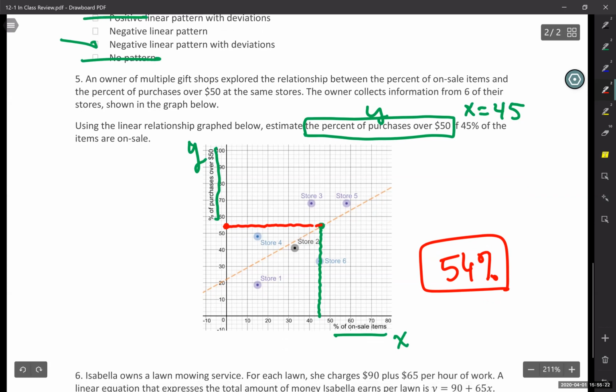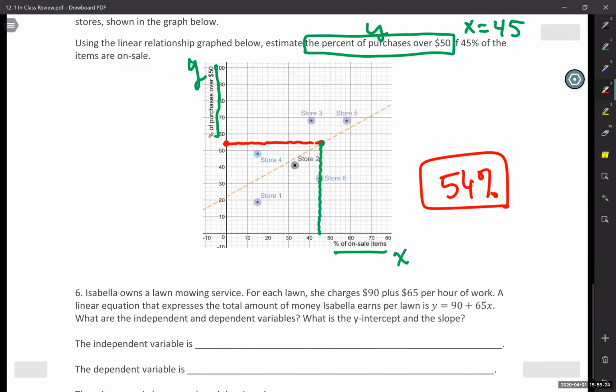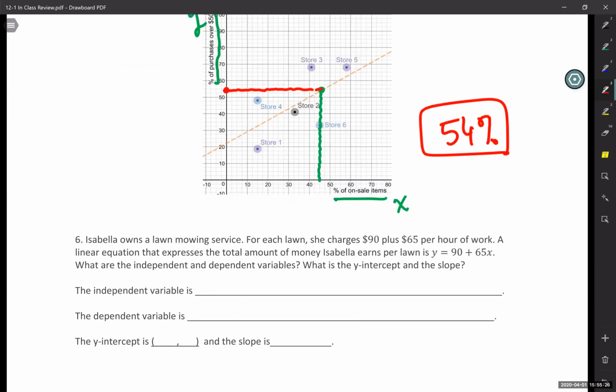We have a lawn mowing service. She charges $90 plus $65 per week. And so I wrote out the equation of the line backwards, just so you don't always put the first number down for slope. And then we have the independent variable and the dependent variable. Since I said slope, we'll jump to the bottom here. The slope is going to be 65.